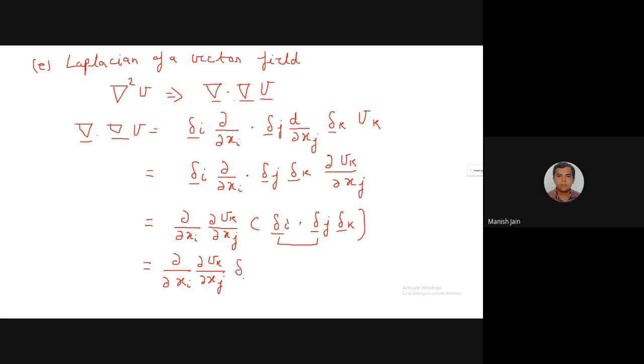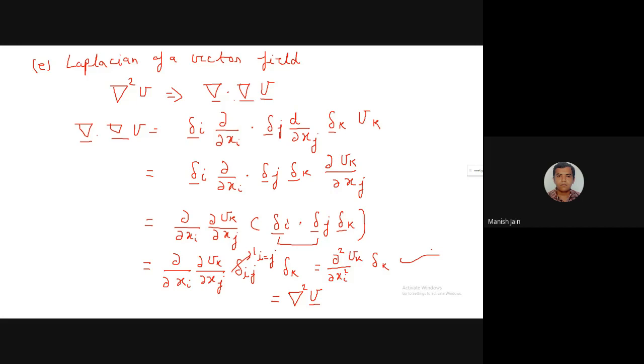It will become delta ij, that will be equal to 1 when you have i equal to j, and then you have the e_k. So this equation is equal to, here I am replacing j by i, del square by del xi square of vk multiplied by e_k. So that can be written as del square V. So this is a vector quantity. The Laplacian of a vector field is a vector quantity.